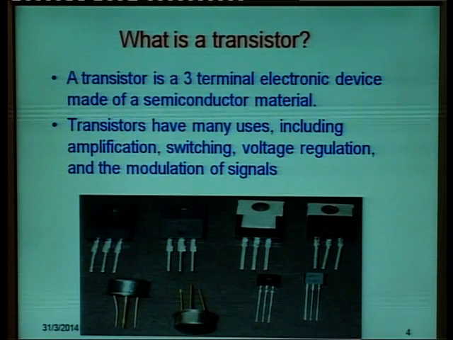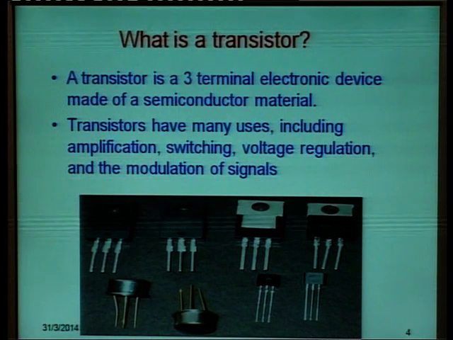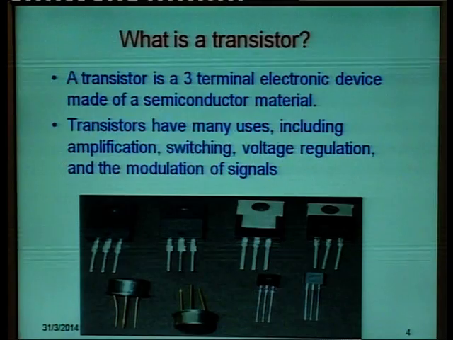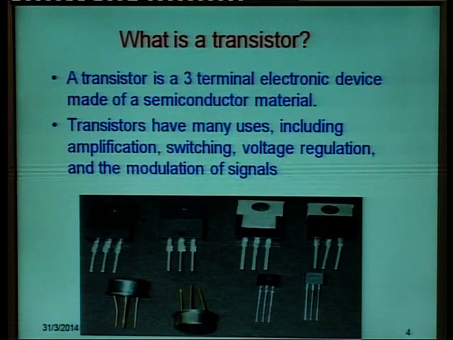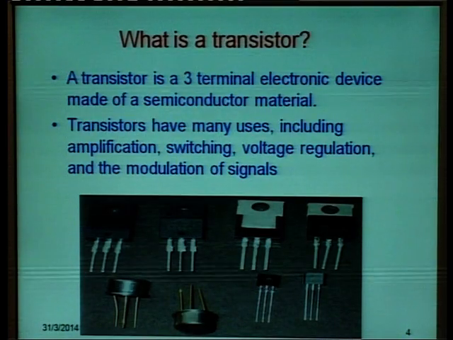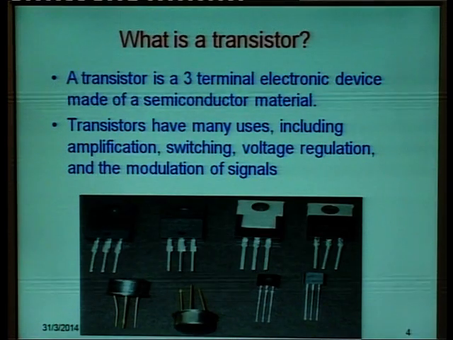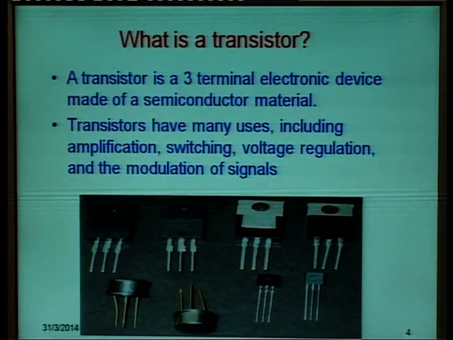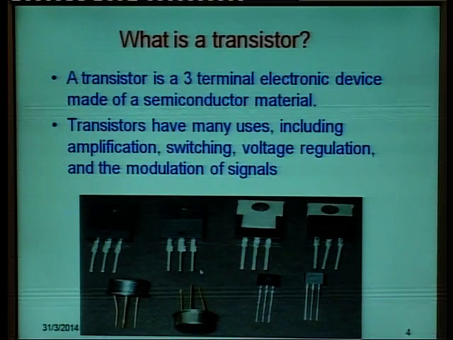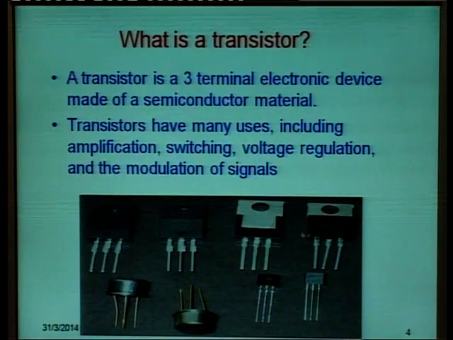It is a 3-terminal electronic device made of a semiconductor material. Transistors have many uses like amplification, switching, voltage regulation, modulation of signals, and oscillators. The picture that you see shows some of the transistors that are being used.